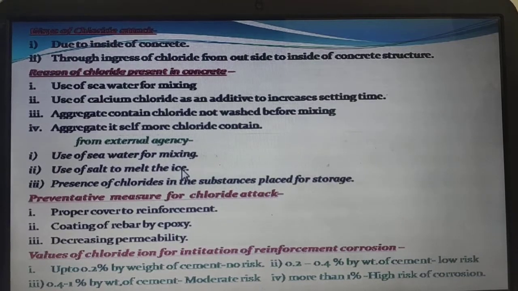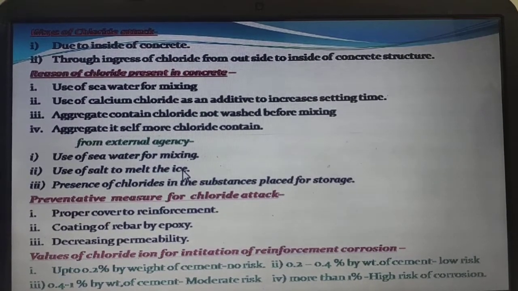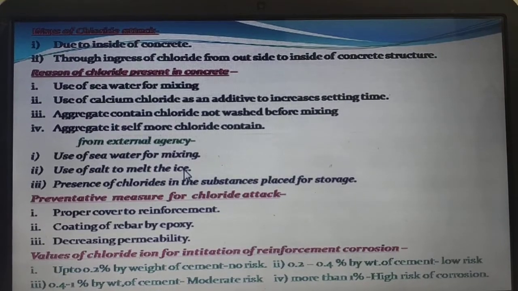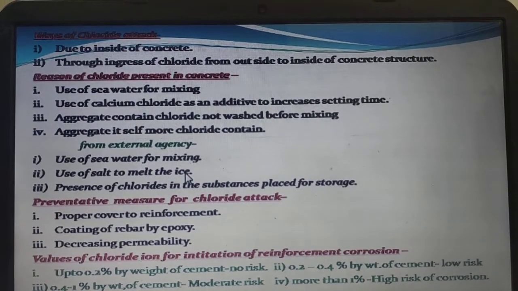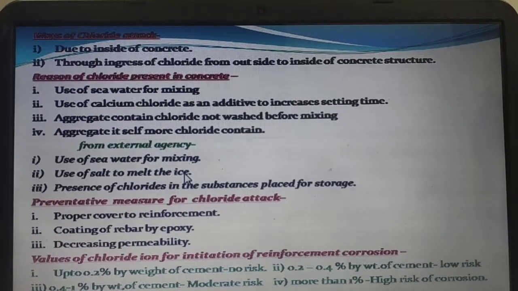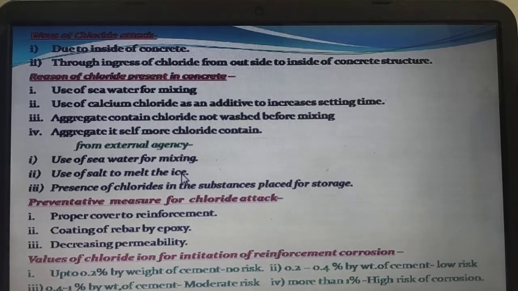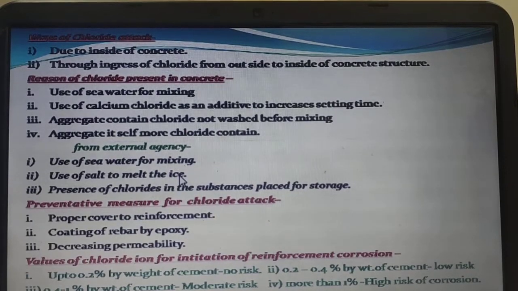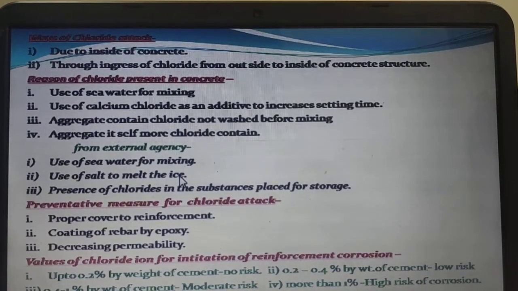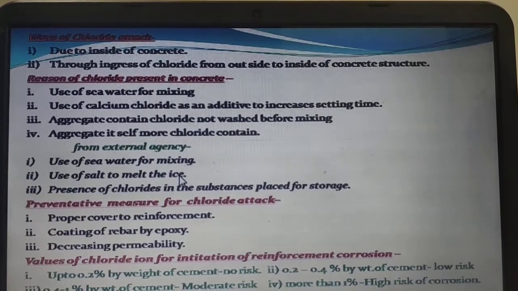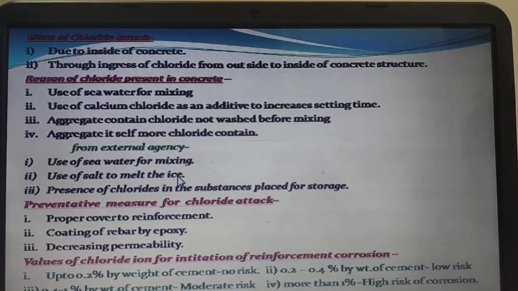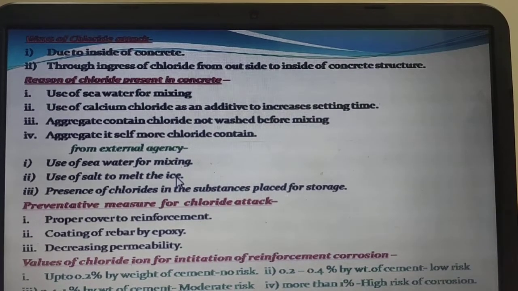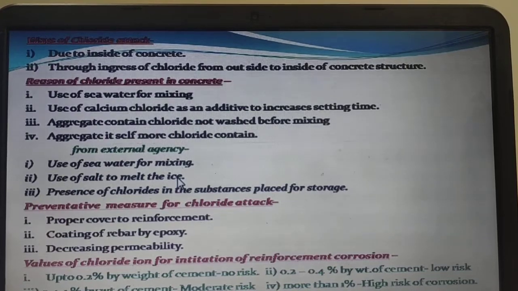The chlorides present in the salt penetrate into the concrete through cracks and create chloride attack. It not only affects the pavement slab, but also garage parking slabs, because sometimes chloride-laden water sticks to the wheels of cars, trucks or vehicles, and when they park in the parking yard, it deteriorates the parking slab also.